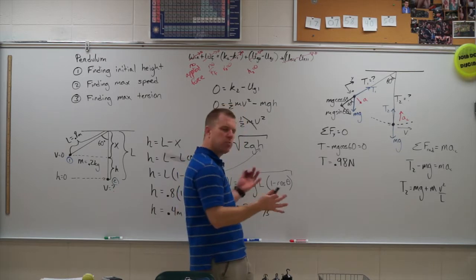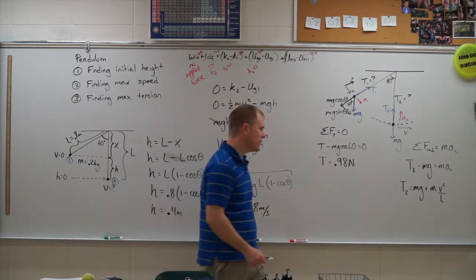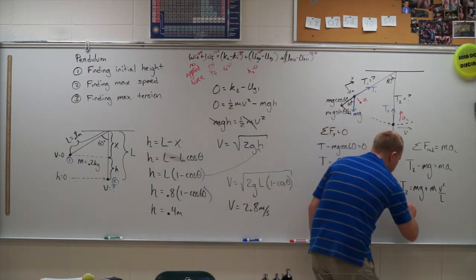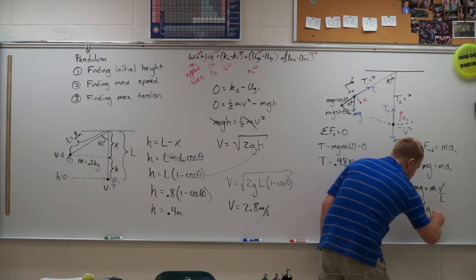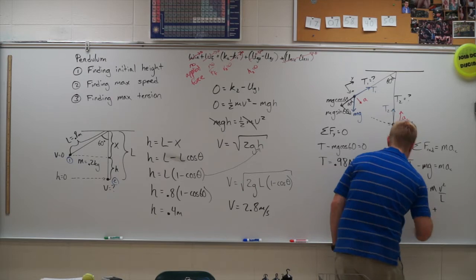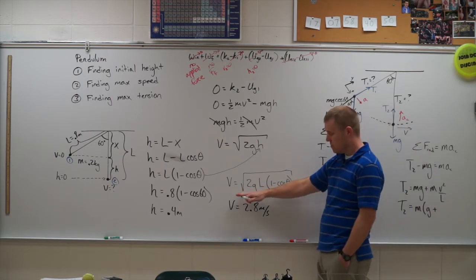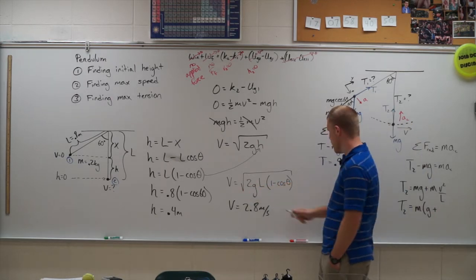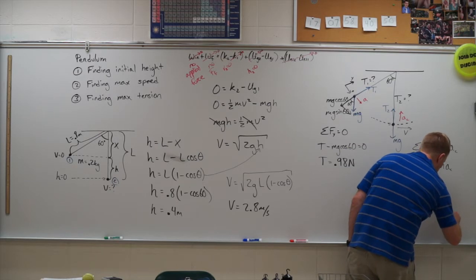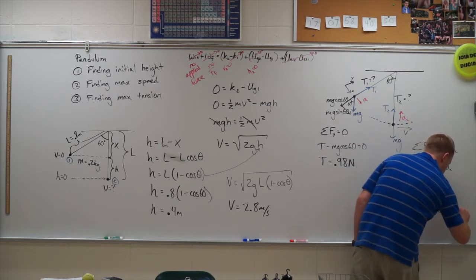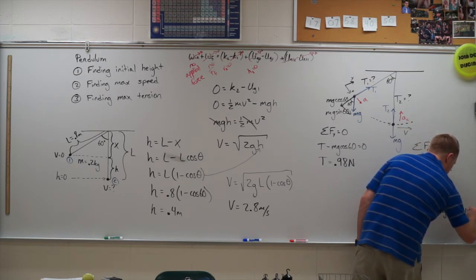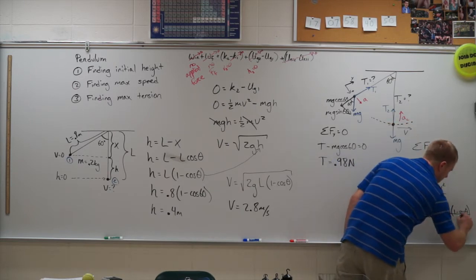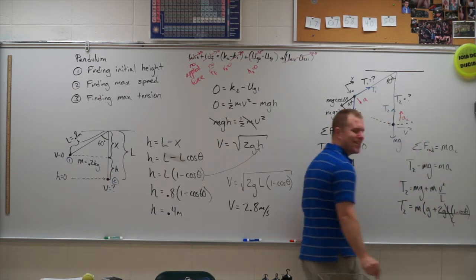Now stay with me, don't just plug our numbers in, because there is something kind of cool here. So for T2, we can factor out an m, so I get m times g plus v squared. Okay, so square root, so I'm going to square that. So I get 2g L times 1 minus the cosine of theta, all divided by L. What happens is our L's cancel.